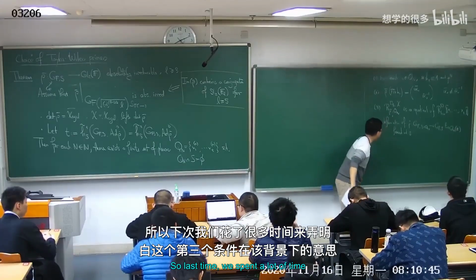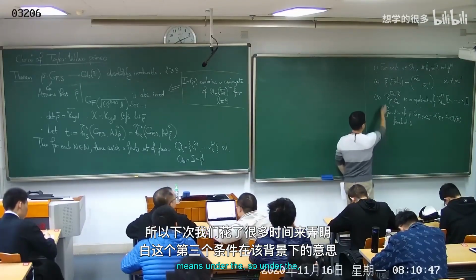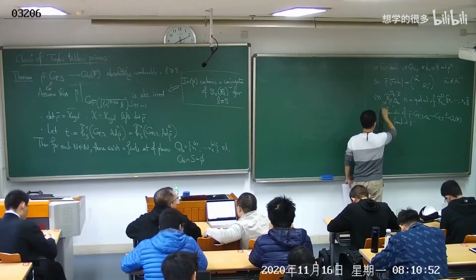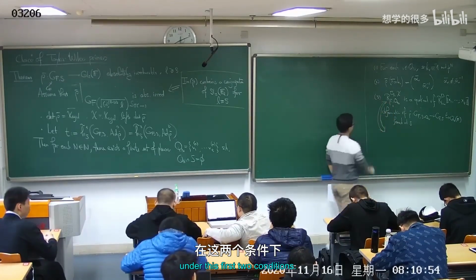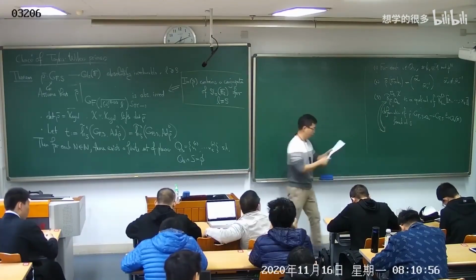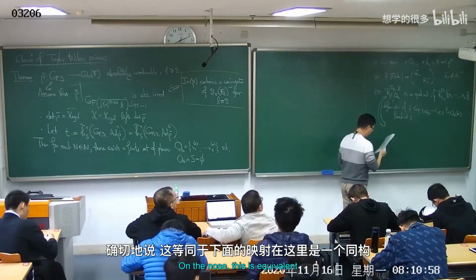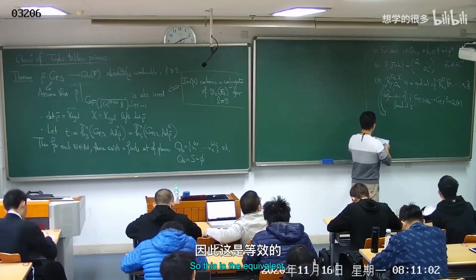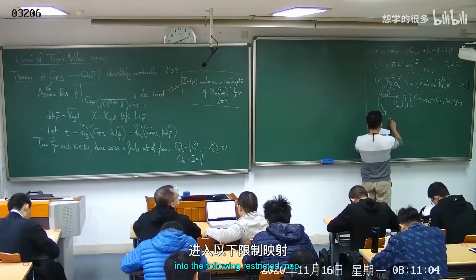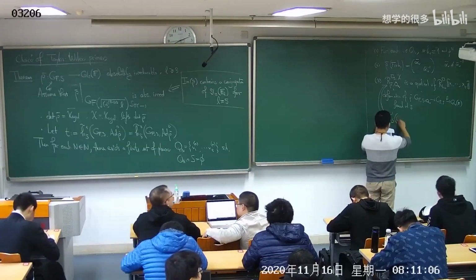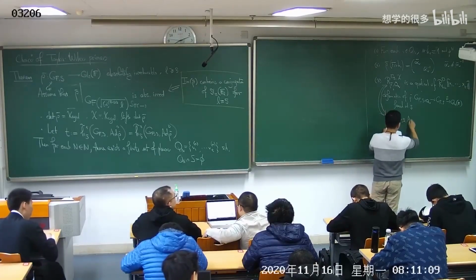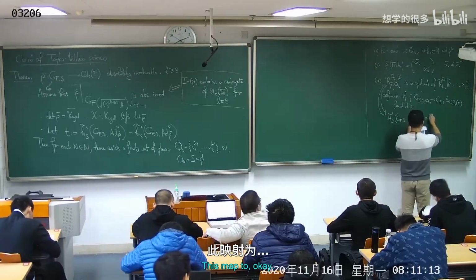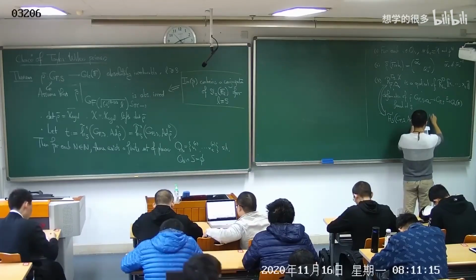Last time we spent a lot of time discussing what this third condition means under the first two conditions. On the nose, this is equivalent to the following map being an isomorphism. So this is equivalent to the following restricted map, plus this map.